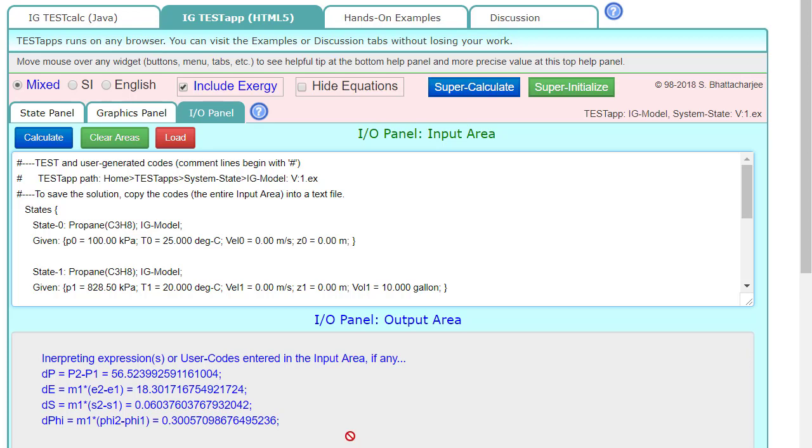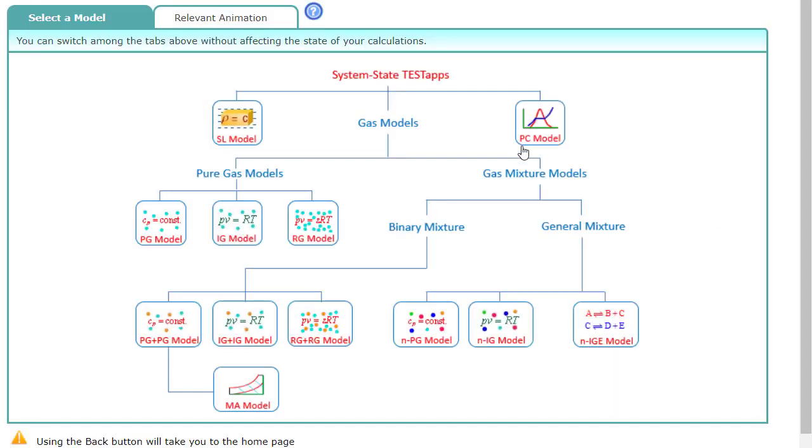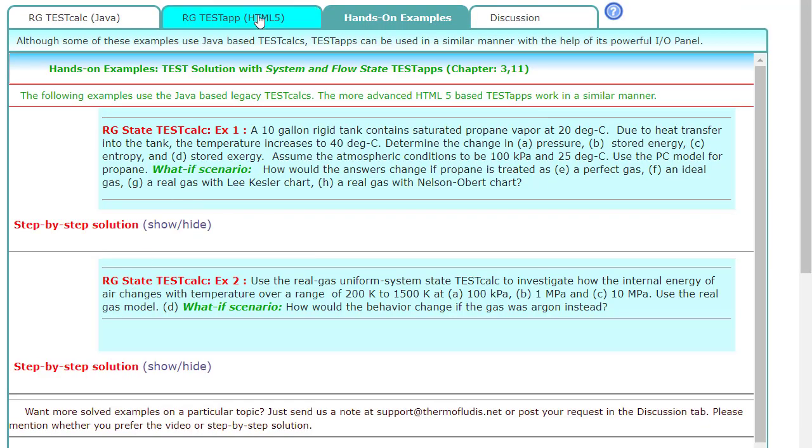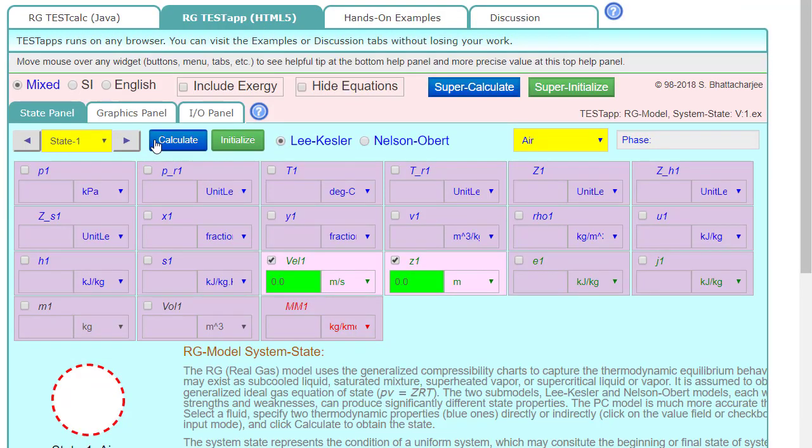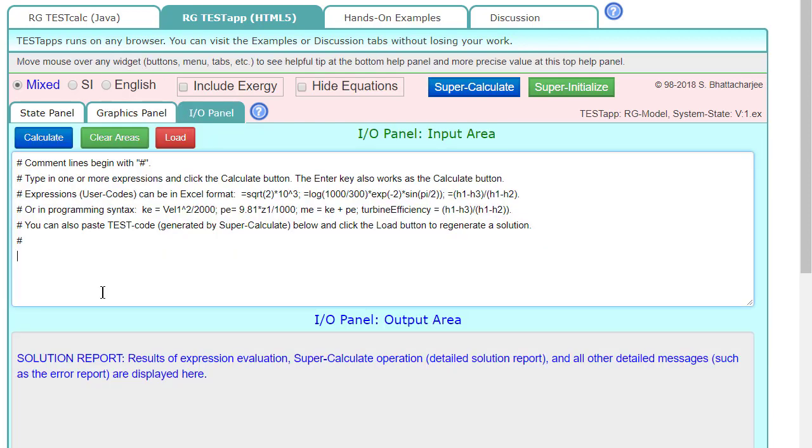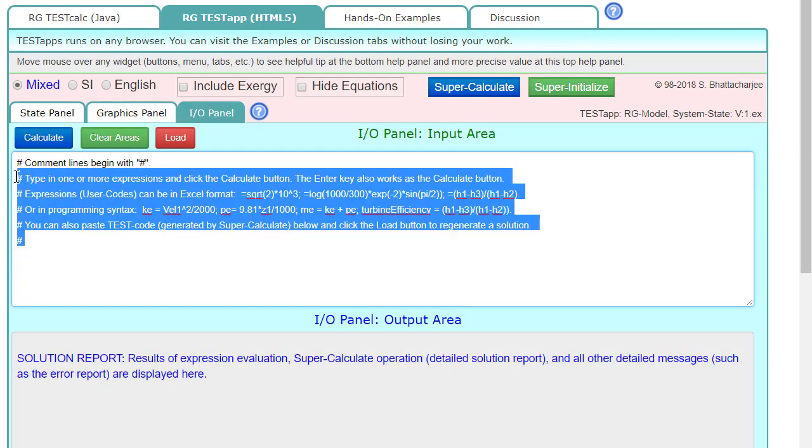Right? And then again, we'll just paste that same code into the RG model. You could also just redo the whole thing in this, but you're going to have to start with the PC model because you need to find that pressure.